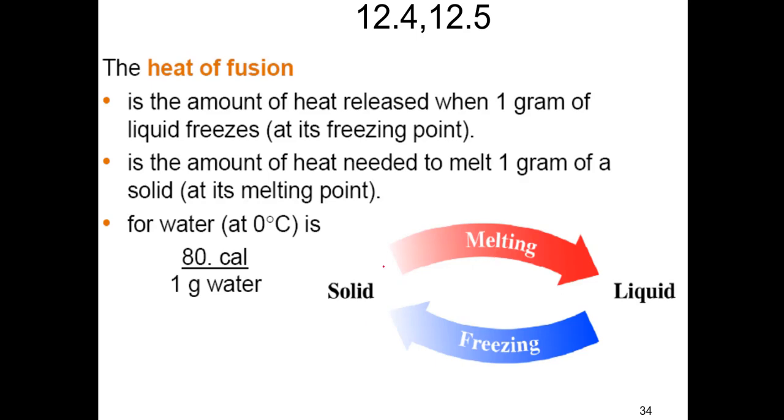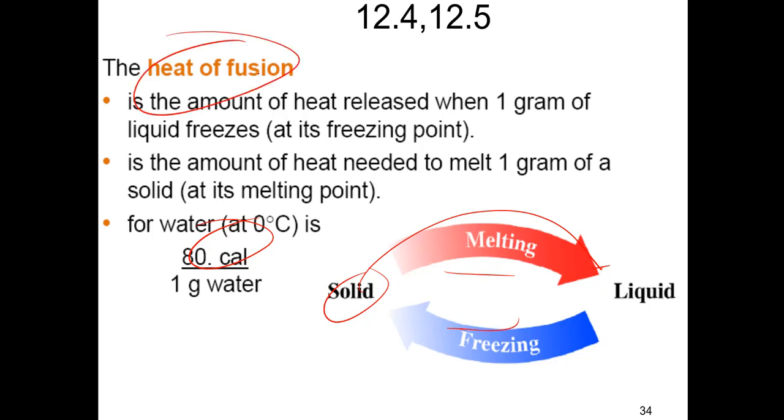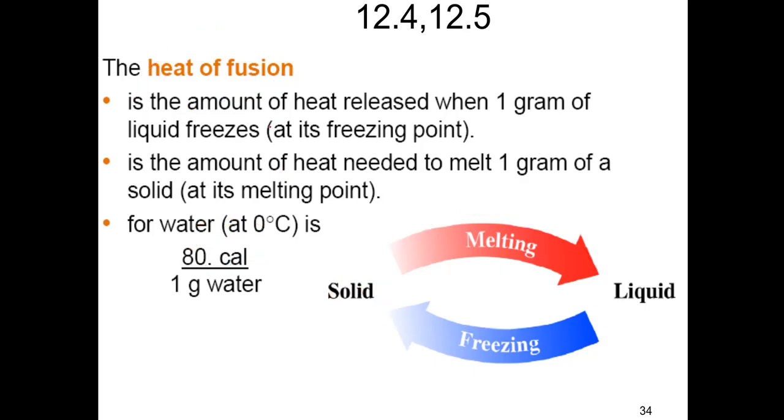Now it is possible to do calculations to figure out how much energy is required to change a substance, for example, from a solid to a liquid. The exact number in order to melt it or to release the energy in order to freeze it, we call the heat of fusion. I'm not going to ask you calculations.